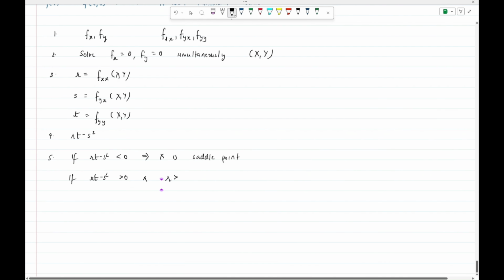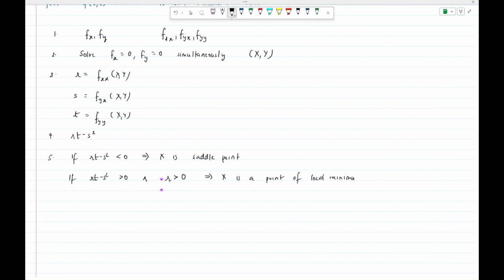If r also happens to be positive, then we will say that x is a point of local minima, and if r is negative, then x is going to be a point of local maxima. There are more possibilities which are not listed over here, so we'll not get into those.